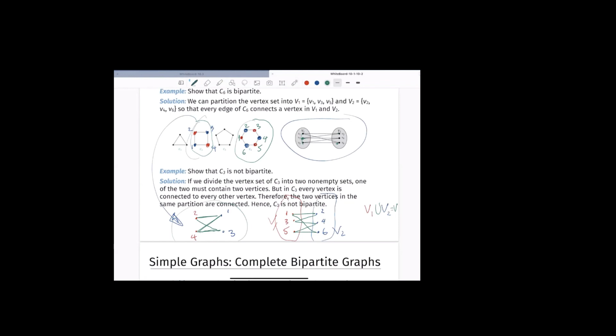Is C5 bipartite? This guy. So help me out, I'm stuck. Is C5 bipartite?